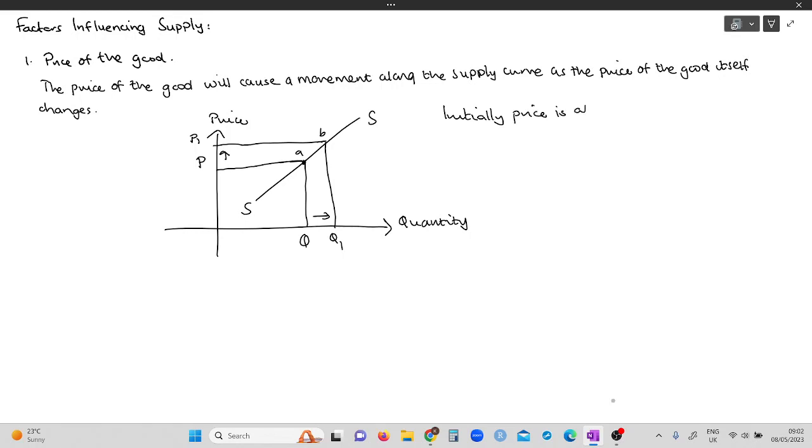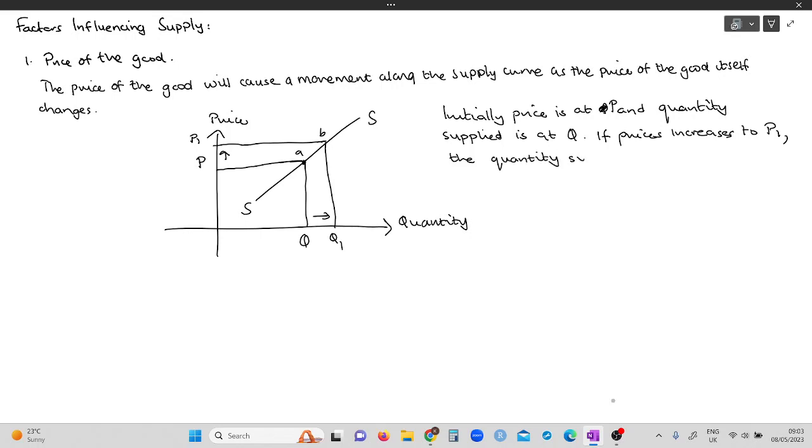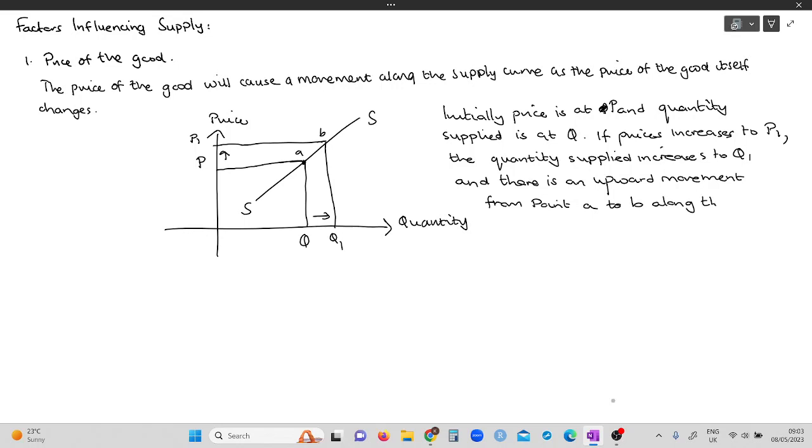Initially, price is at P and quantity supplied is at Q. If price increases to P1, the quantity supplied increases to Q1 and there is an upward movement from point A to B along the supply curve.